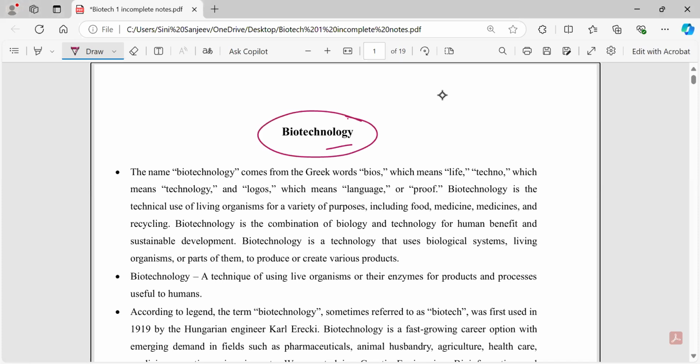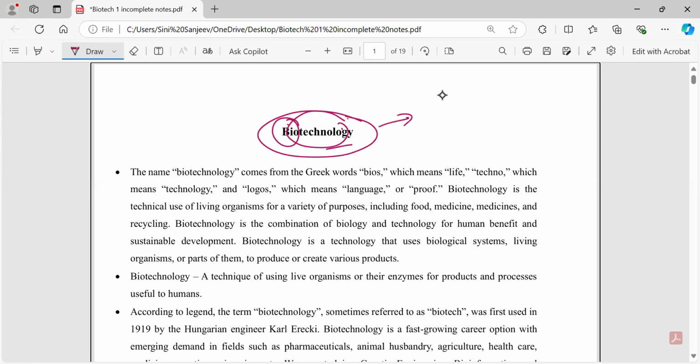Obviously, when something comprises living organisms attached with technology, we say it's biotechnology. Here you're integrating basic natural science with technology that can be used to its utmost. Those things come under biotechnology. Related to this, you have certain terms.